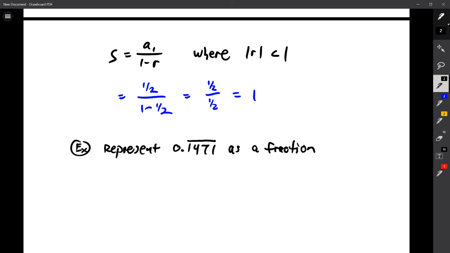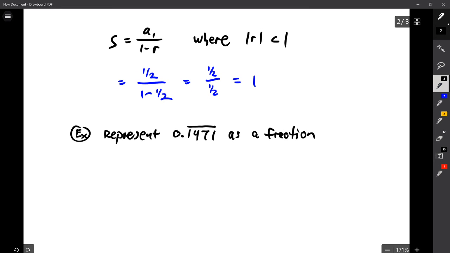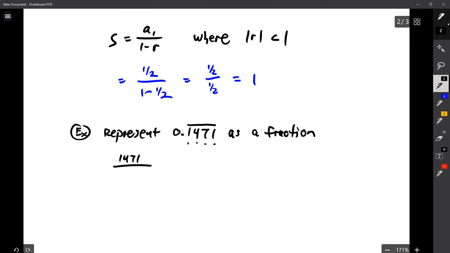So we have 0.1471, 1471, 1471, etc. If we view this as a series, what do we have? Our first term is 1471. What is this? Tenths, hundredths, thousandths, 10,000ths. So 1471 over 10,000.